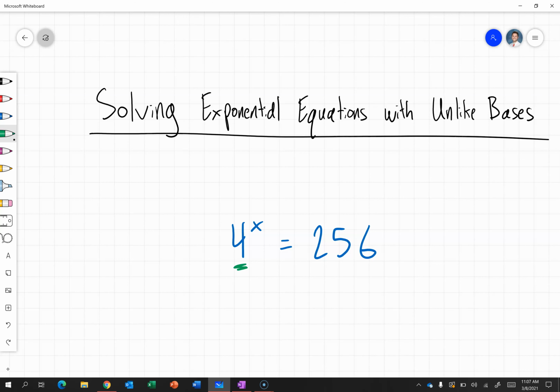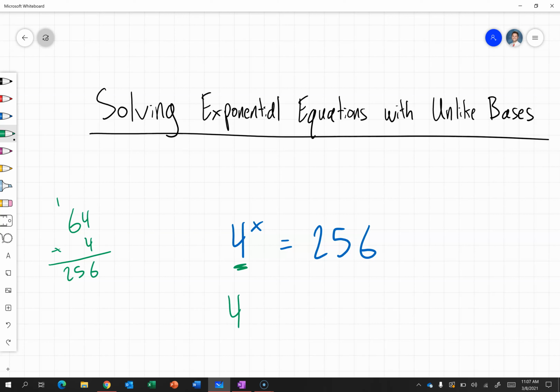We want to see if 4 could be a base for 256. We know that 4 squared would be 16, 4 to the third power would be 64, and in fact 4 to the fourth power, 64 times 4, would be equal to 256. So in this case, we can use a base of 4.